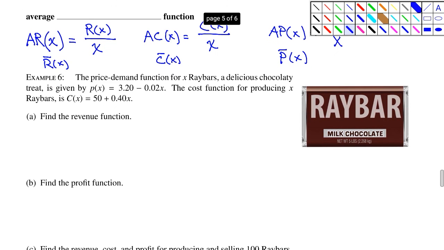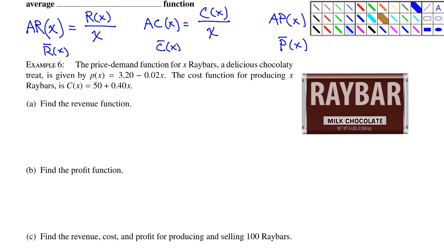Let's look at example number 6. The price demand function for X Ray bars, a delicious chocolatey treat, is given by little p of X is equal to 3.2 minus 0.02X. The cost function for producing X Ray bars is C of X is equal to 50 plus 0.40X. Question A. Find the revenue function.